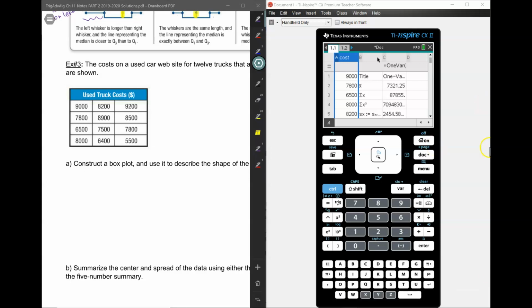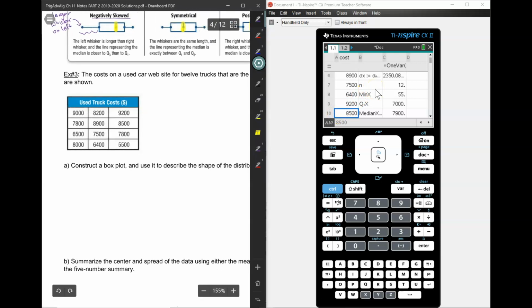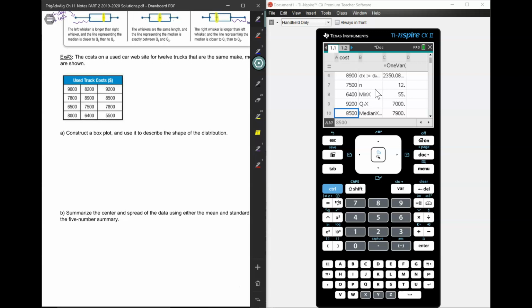We have the data in the calculator. So let's see here. Let's see what the 5-number summary is here. So the minimum is 55, and then, whoa, how could it be 55? Oh my God, I left one out. This was from the last data. Okay, so the minimum is 6,400, and then the maximum is 9,200, right?